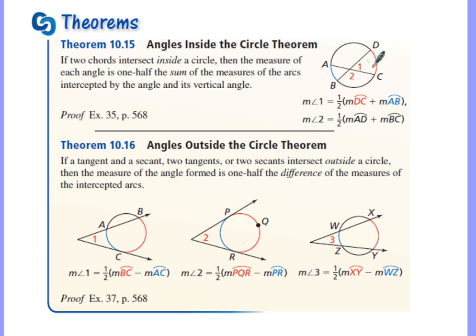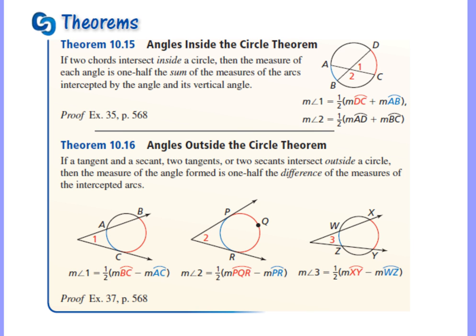So you're adding up the vertical arcs. Again, it's not a real geometric term or anything like that, but that concept of going across an angle pair relationship like that has always helped in the past, and so just think of it in a sense right there, okay? And same thing here for angle 2. Angle 2 is 1/2 of the sum of arc AD and its vertical arc BC.